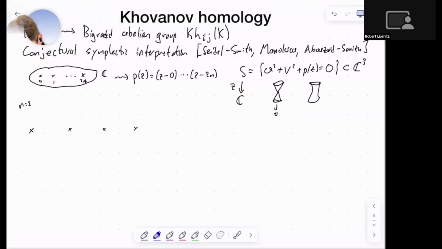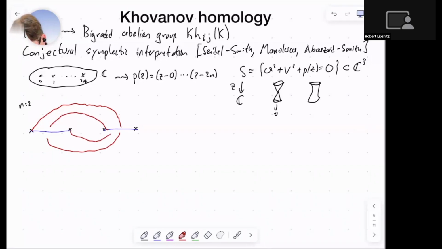So here's a couple of arcs there, and that, and there.